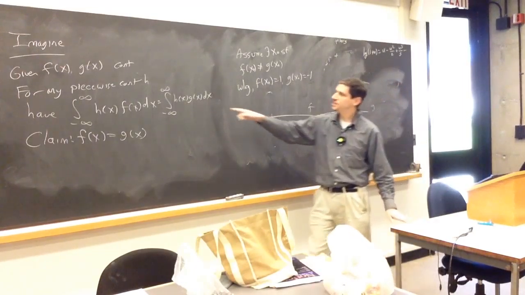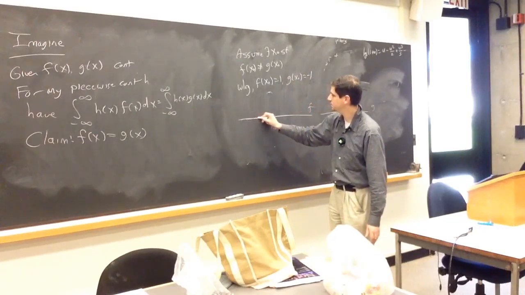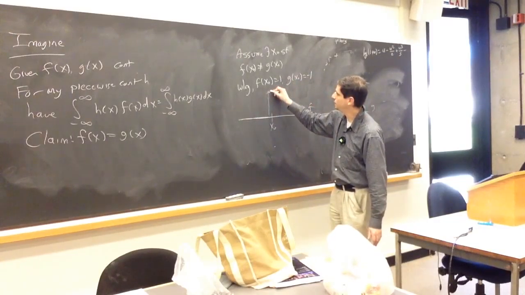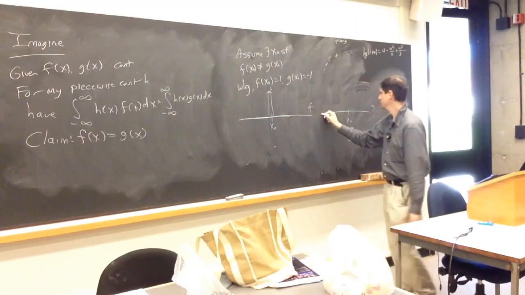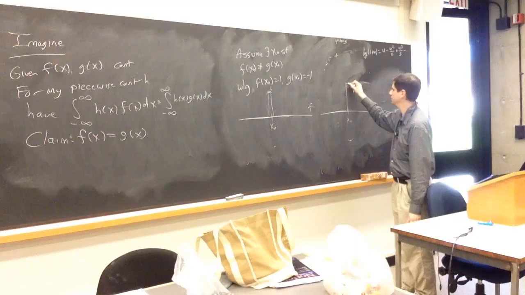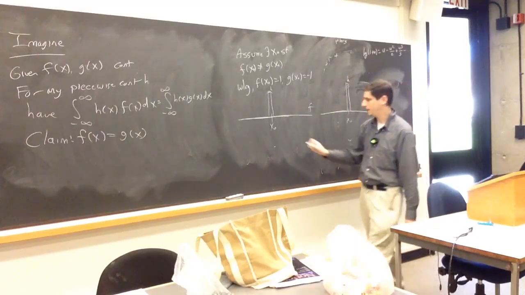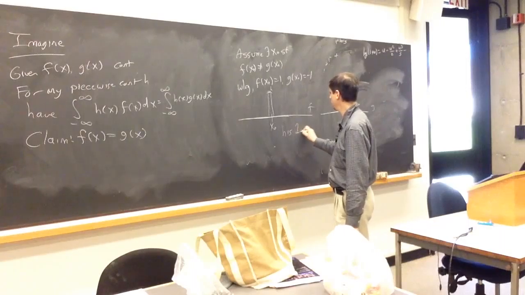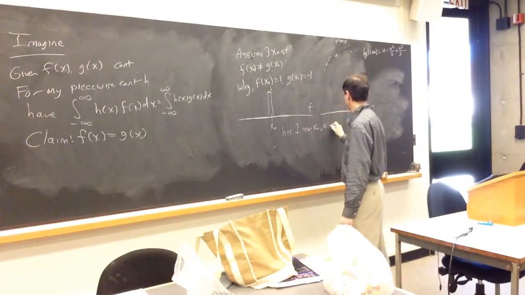What I can now do is, this is true for any piecewise continuous function h. Let's choose h to be 0, and then 1 in a very small interval, and then 0 again. And so we have h is 1 near x_0, 0 otherwise.